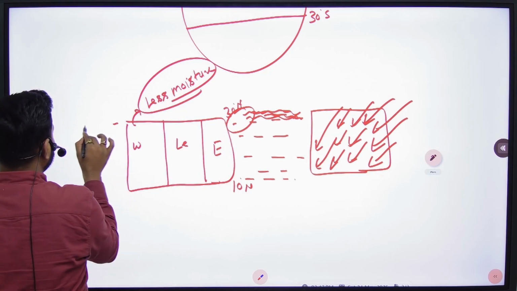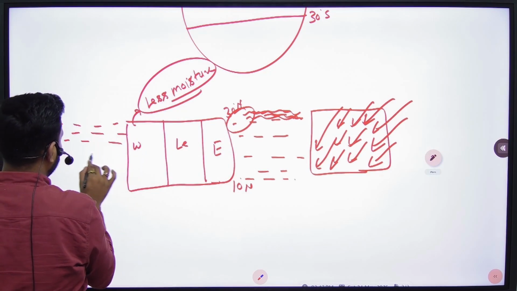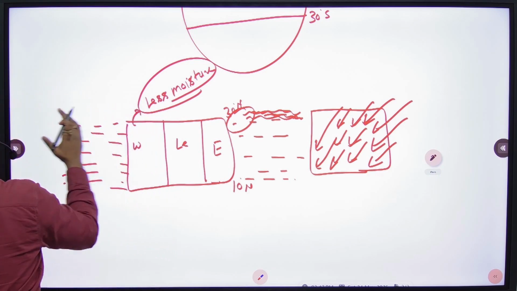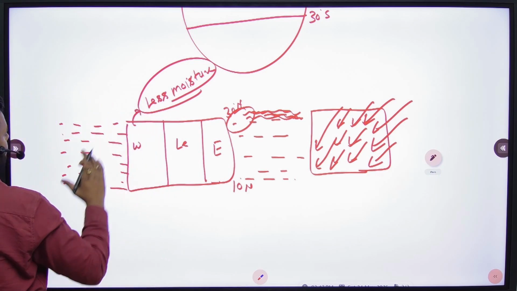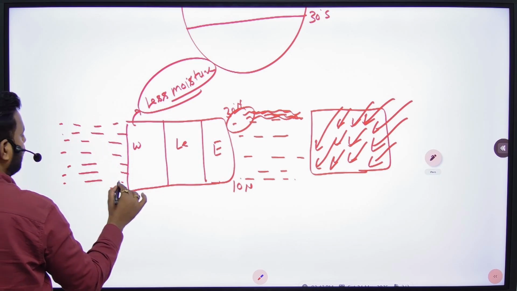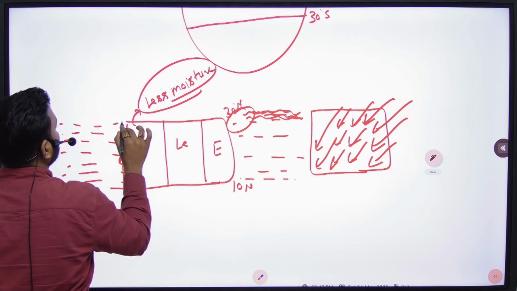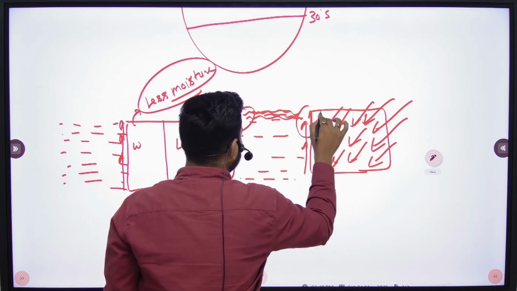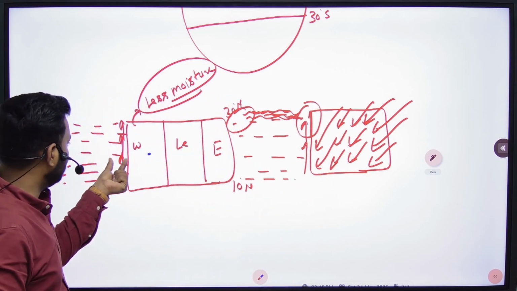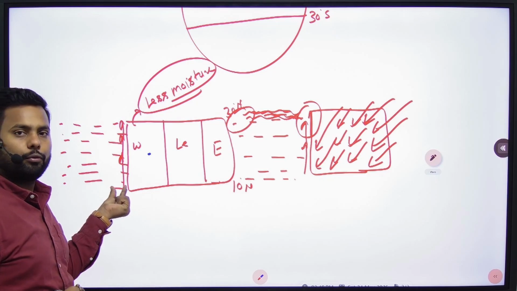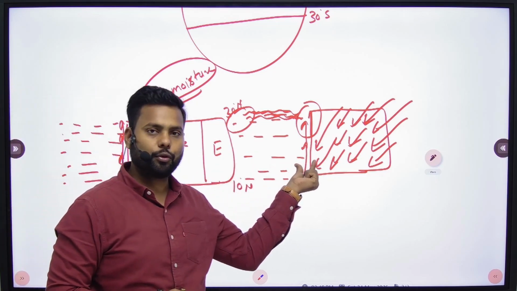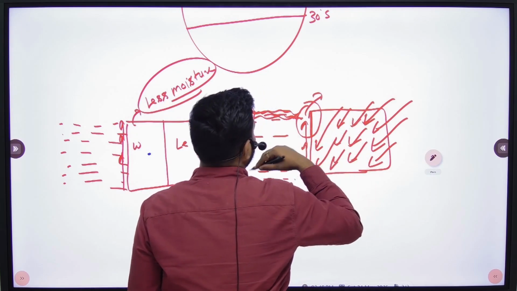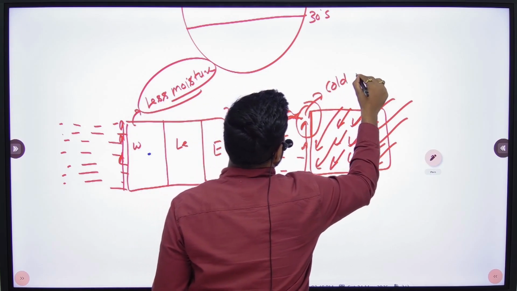And again, suppose that this is another water body, then there is a transferring of warmer water, so there is an upwelling of cold water on both sides. So along the western part of the continent, there is a presence of cold upwelling water, and it will further lead to the condition of cold ocean current.